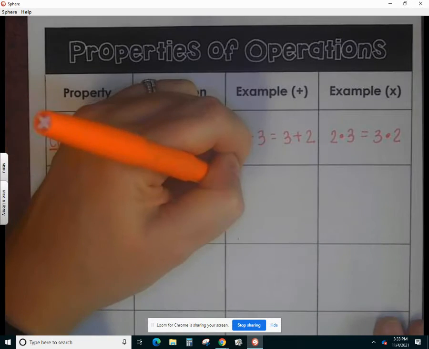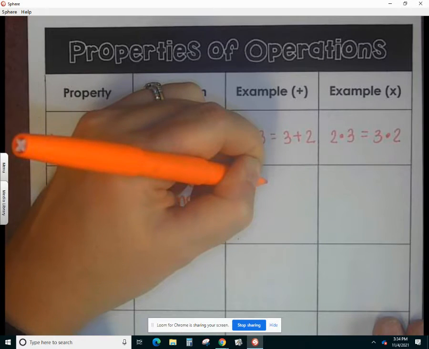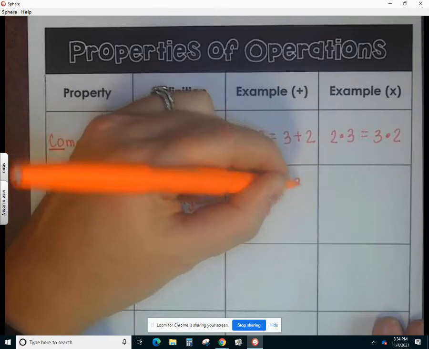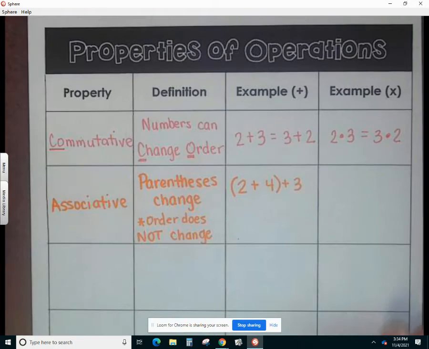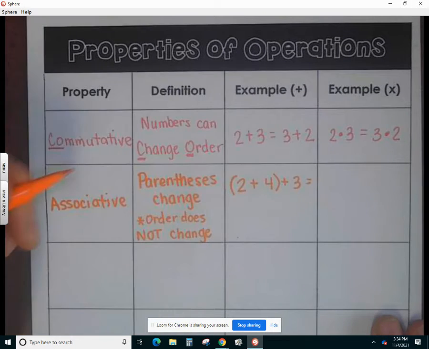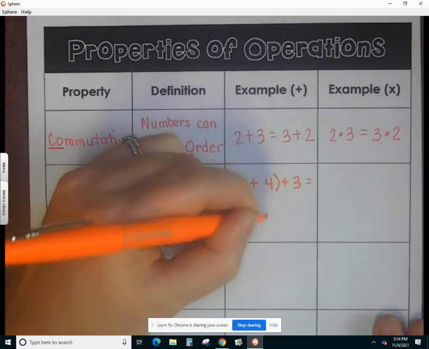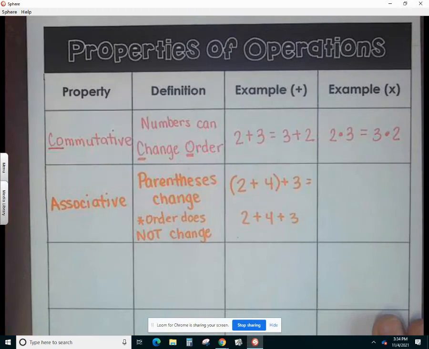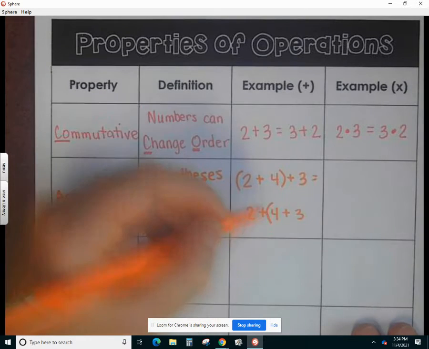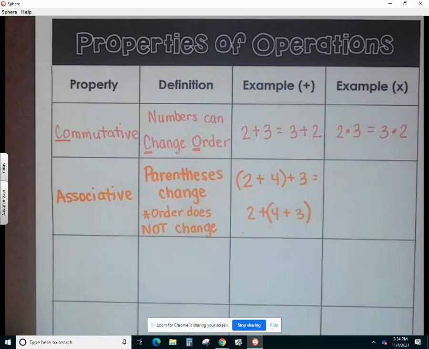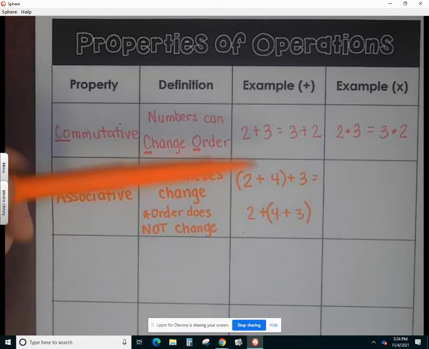So for instance, if I had 2 plus 4 plus 3, and I had parentheses around the 2 and the 4, I could move those parentheses. Notice the 2, the 4, the 3, they're in the exact same place. But I'm going to move the parentheses to now be around the 4 and the 3 instead of around the 2 and the 4. Now let's make sure that's true.